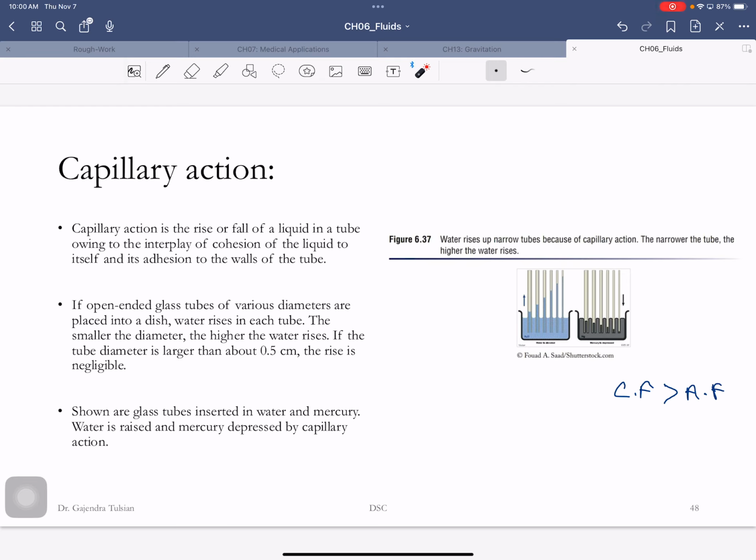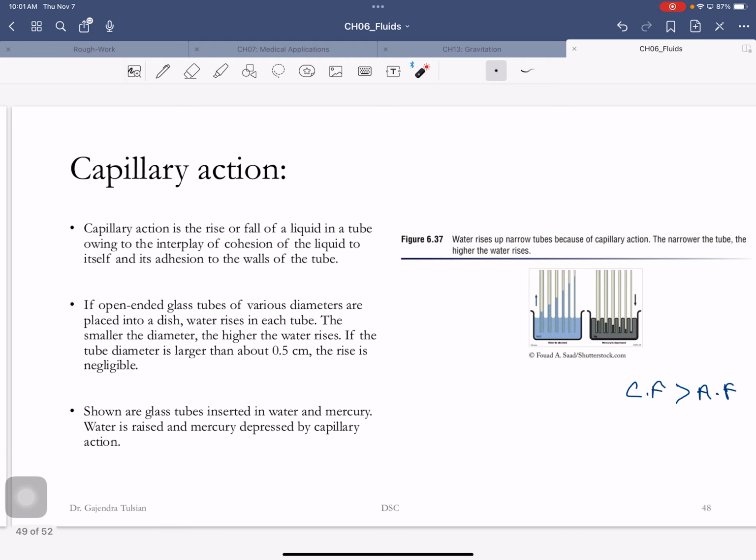You do the same thing in mercury, and instead the mercury depresses. Again, the thinner the tube, the greater the depression. So we want to understand what is going on here, and is this how trees raise water up to the leaves? That's sort of the question. Did you guys understand where we're going?